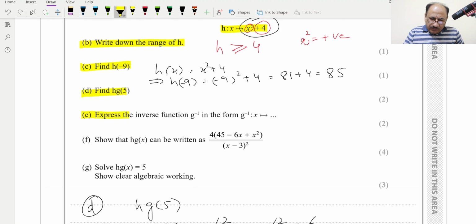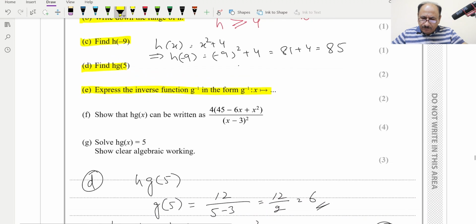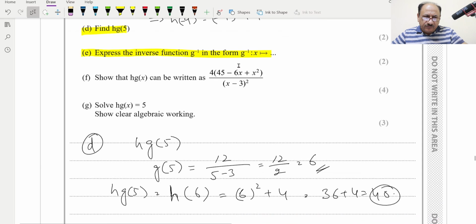Now E: express the inverse function g inverse in the form g inverse of x. This is the function which we have to express.